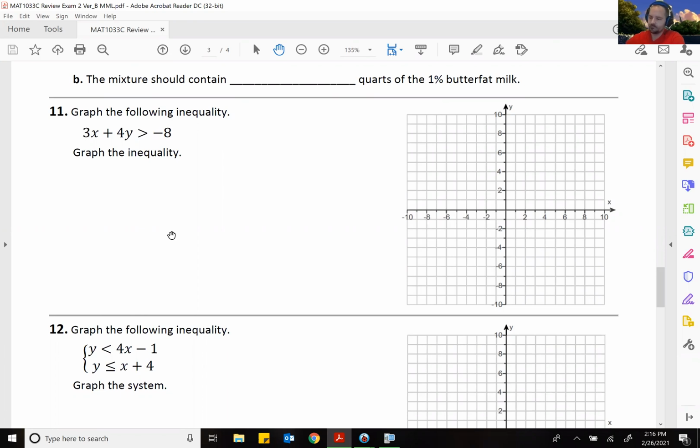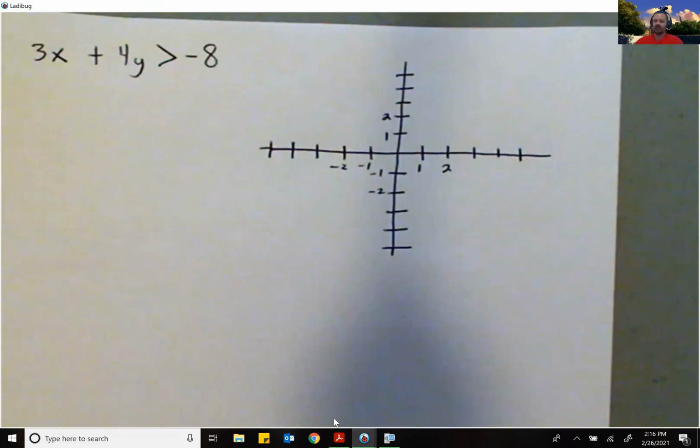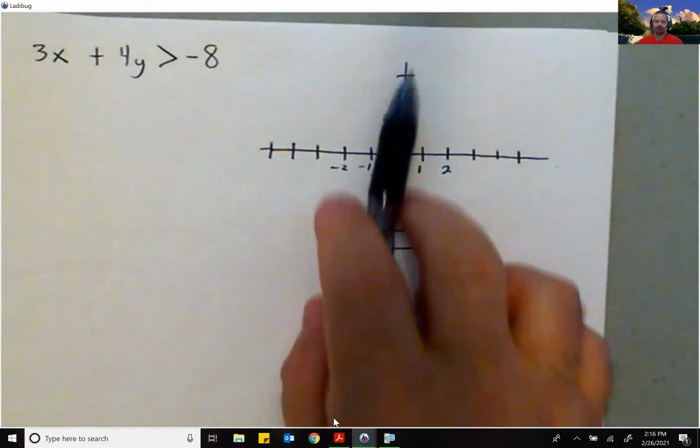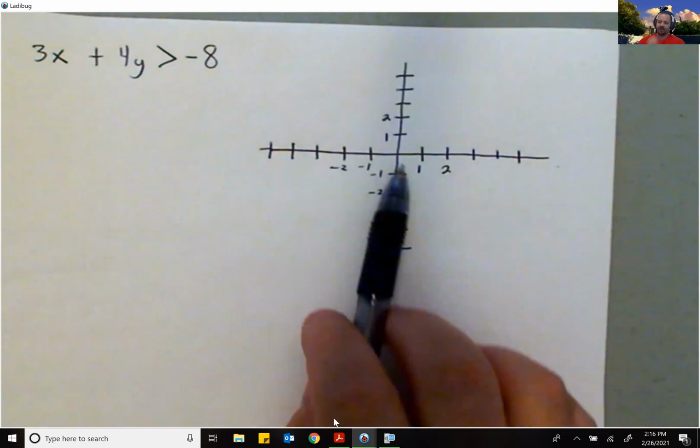Again, this will all be done in my math lab, so you do not have to create your own graph like what you're probably doing right now. So here's my graph. I just did a 5 by 5. So it goes out to +5, up to +5, -5, and -5.